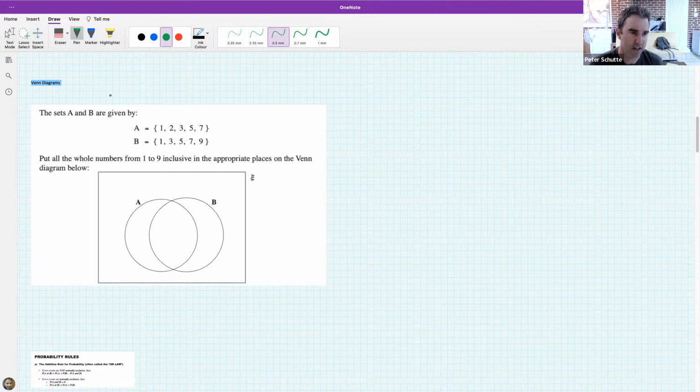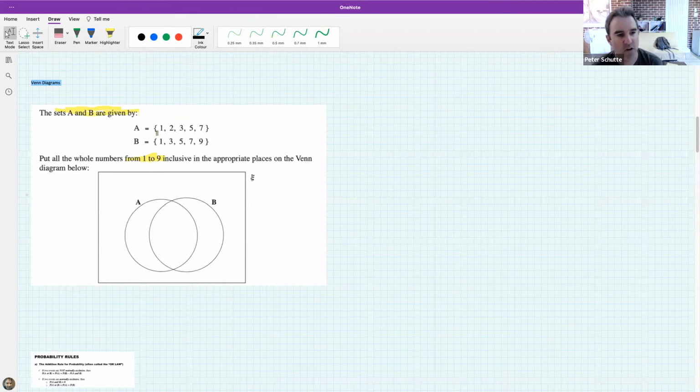So let's start with this question. It says you've been given the sets A and B, in set notation. Your sample space for this question, all the possible outcomes, are the numbers 1 to 9. I want you to try and fill out this Venn diagram, putting the numbers in the correct place according to the definition of the sets and events. I'm assuming some basic familiarity with the Venn diagram.